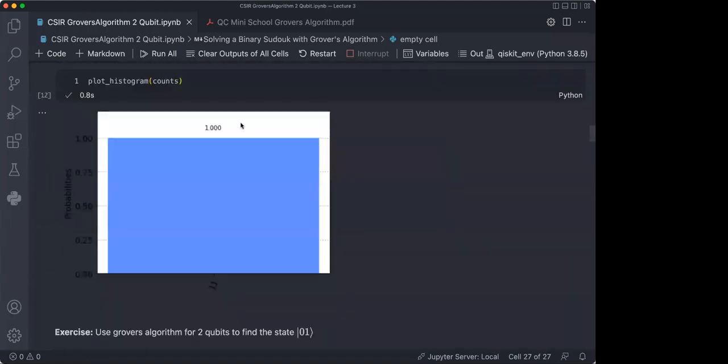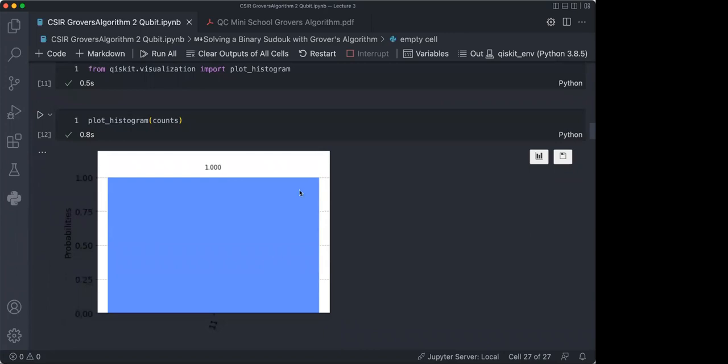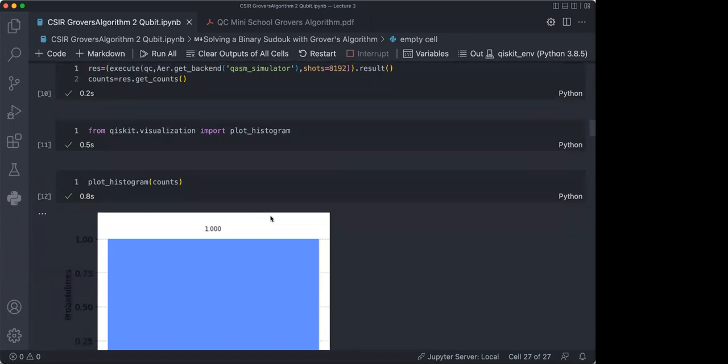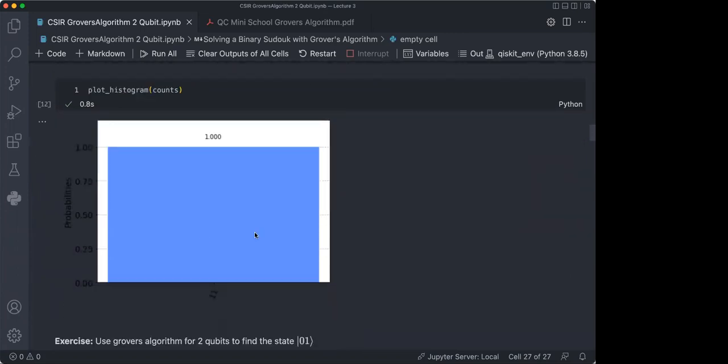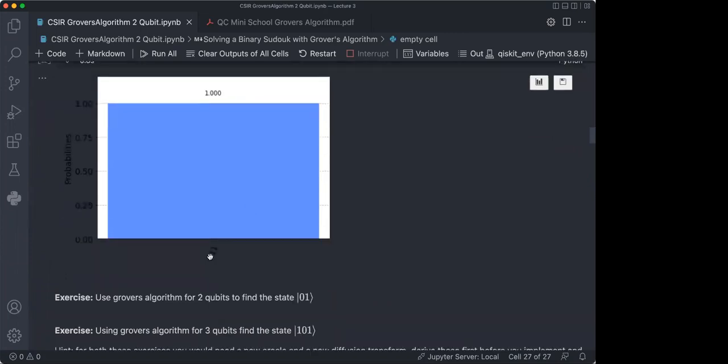And if we look at the probabilities, we see that there's a probability of 1 of being in the state 1, 1. So after the Grover step, we've gone from a uniform superposition in the beginning to only being left with the state 1, 1 at the end. That has allowed us to solve the Grover's search problem, at least for this very basic database.